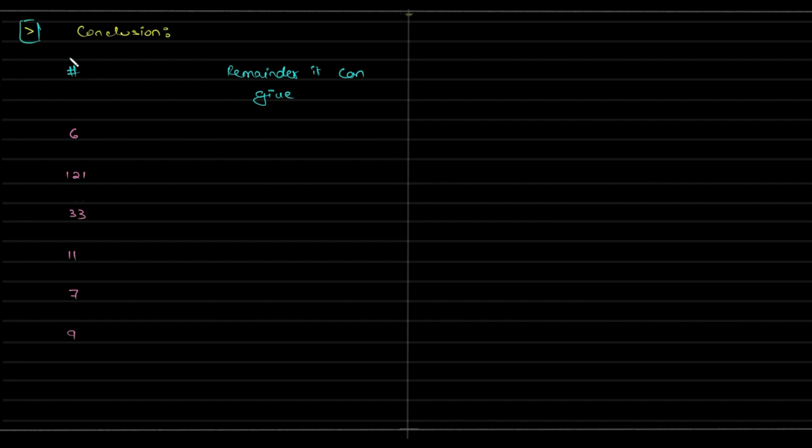I have a set of divisors, and we have to write the respective remainder for this. You have to write the respective remainders when we are dividing with all of these numbers. So please pause the video and write the remainder.